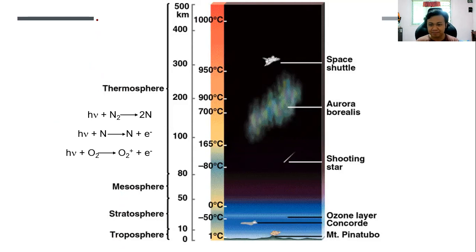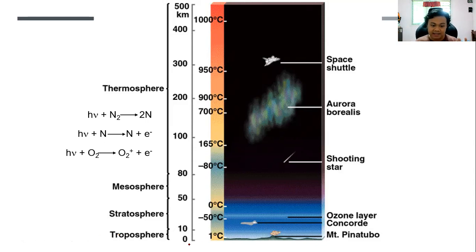What is the importance of these layers of the atmosphere? The troposphere is where we are now. For example, I am here in my room, and this is also a layer of the troposphere.